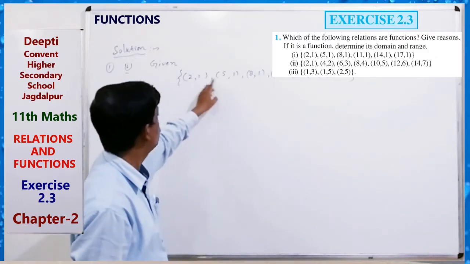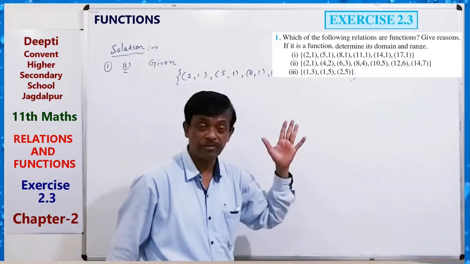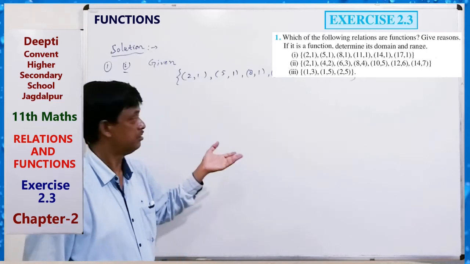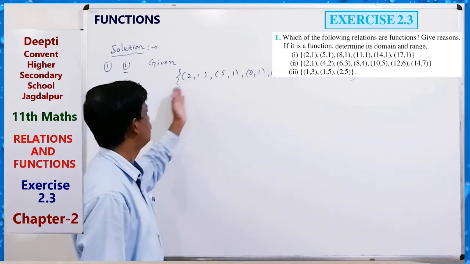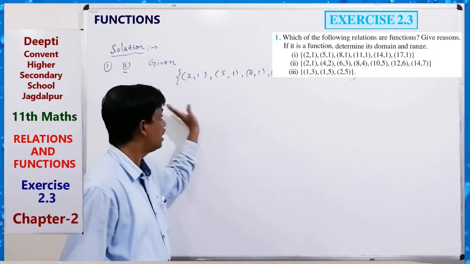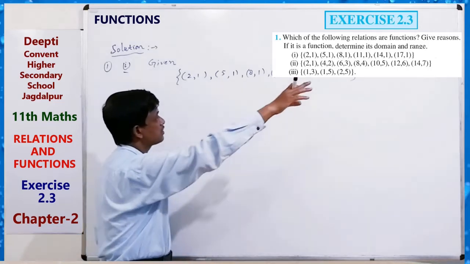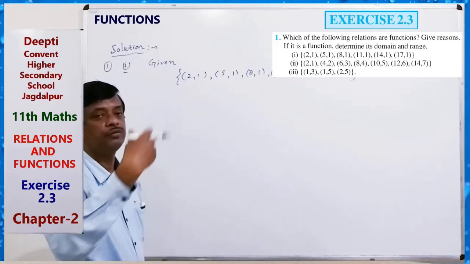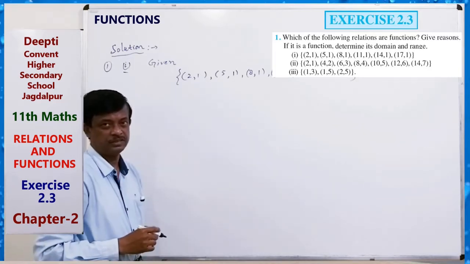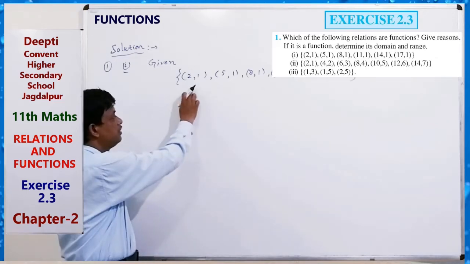Here 2, 5, 8, 11, 14, 17 are all different, and each is connected to a unique element 1. So every element of the first set is connected to a unique element, so it is a function. You just have to write this logically. Clear?